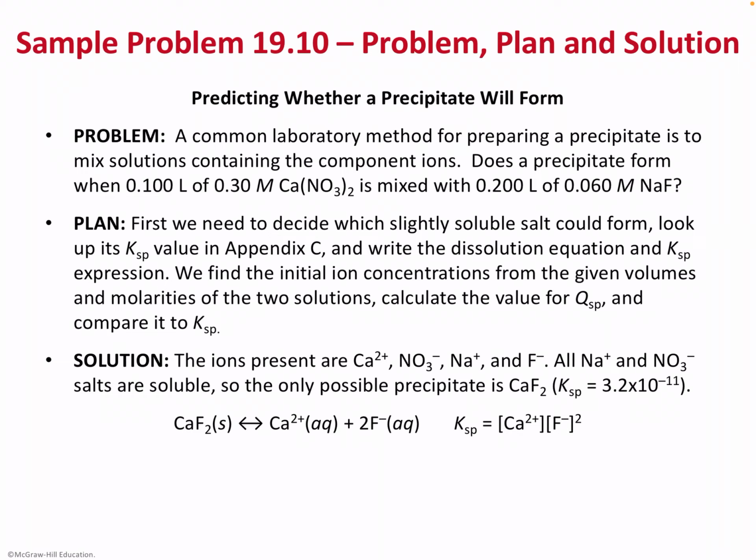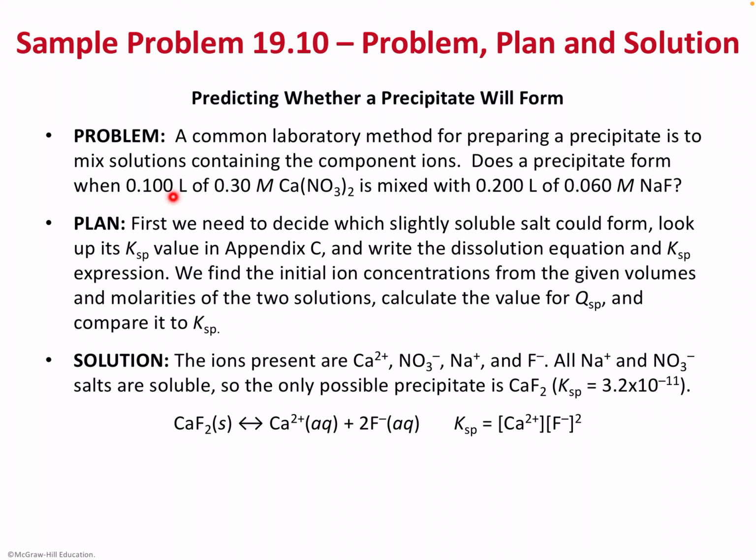Let's see by using that concept whether a precipitate will form. A common lab method for preparing a precipitate is to mix solutions containing the component ions. Does a precipitate form when 0.1 liter of 0.3 molar calcium nitrate is mixed with 0.2 liters of 0.06 molar sodium fluoride?